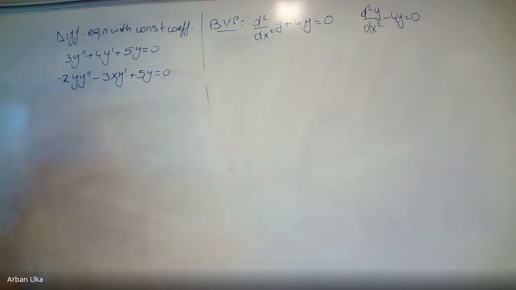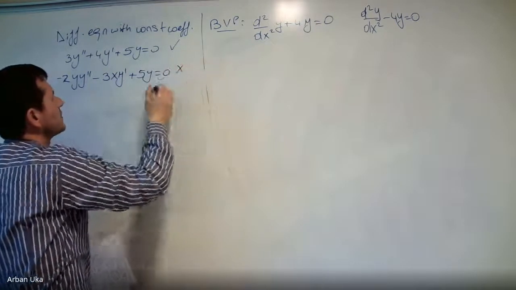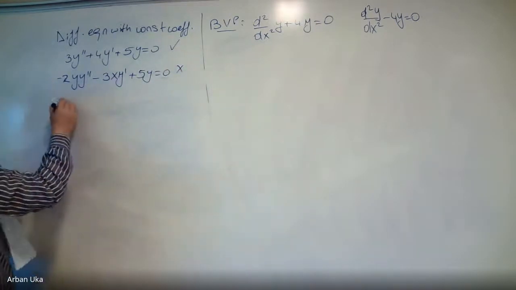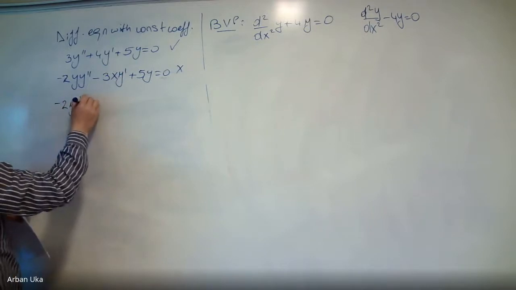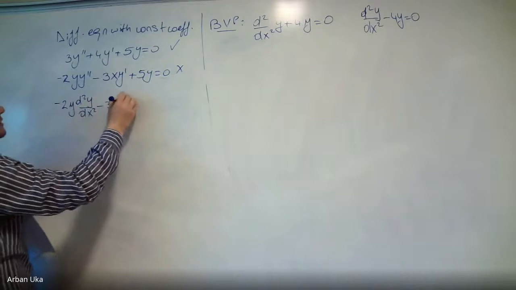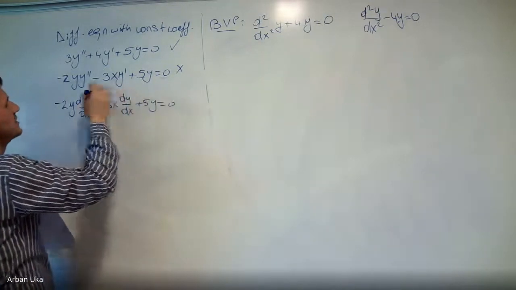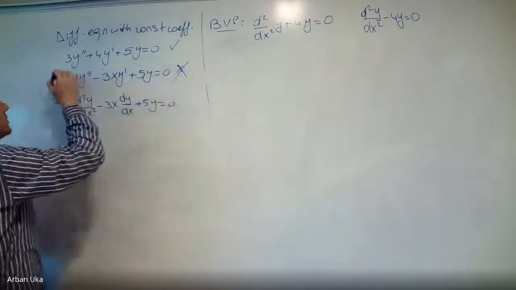The first is a differential equation with constant coefficients. This is not. And the second equation, actually, is minus y, the second derivative of y with respect to x, minus 3x times the derivative of y with respect to x, plus 5y, this is 0. So this is just a cross term, and it's not an x.